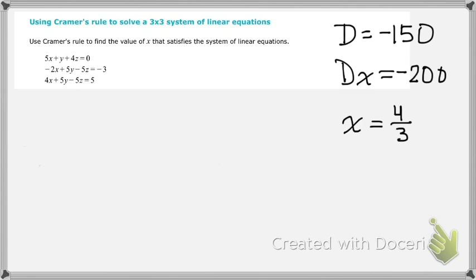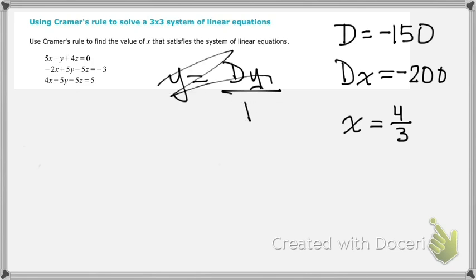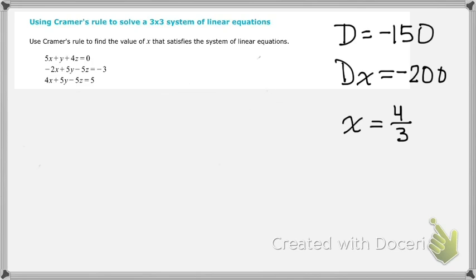But for right now, I want to go ahead and show you what if I were solving for Y. Well, obviously, if X is D sub X over D, of course, Y is going to be D sub Y over D. So let's do that.